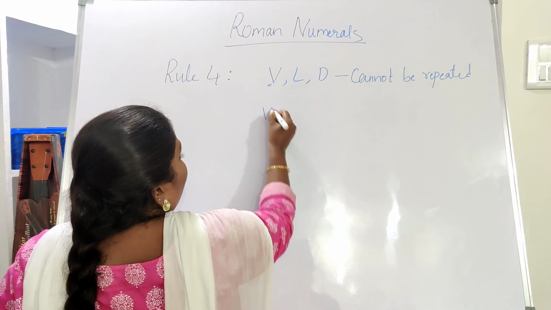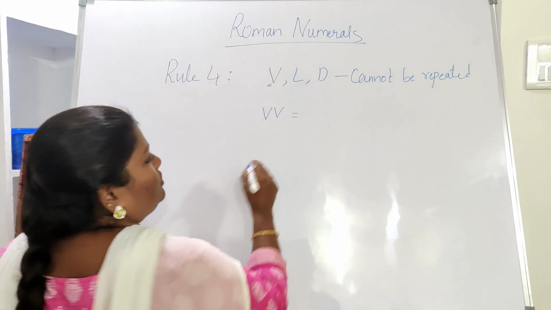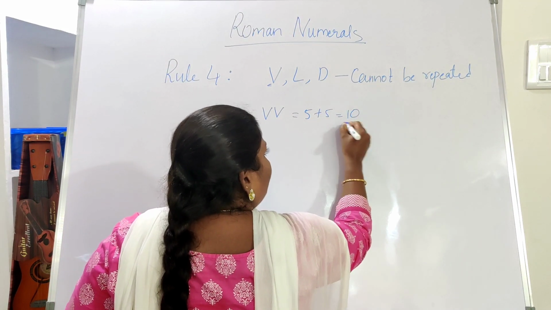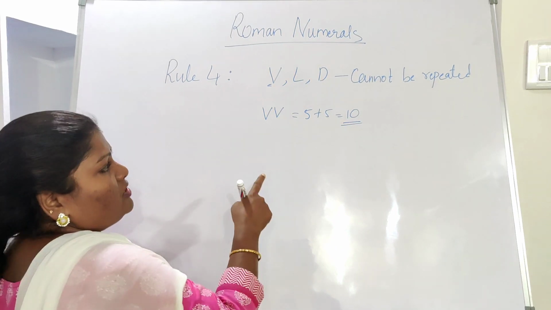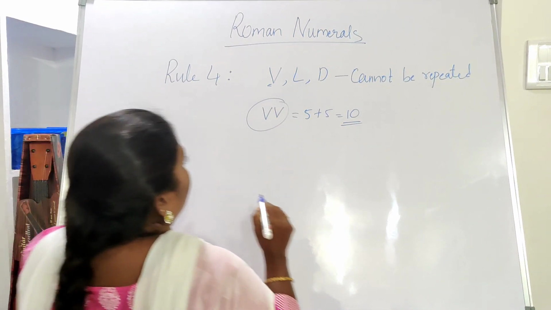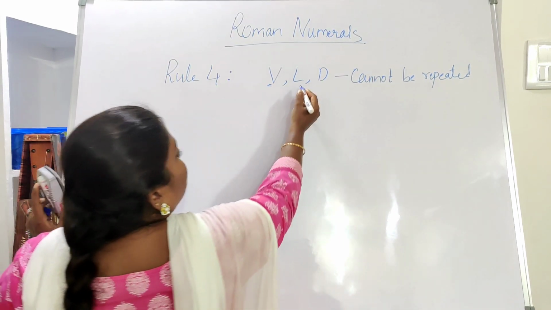For instance, if I take VV, what do I have to do? I have to add the value. So 5 plus 5 is 10. But we already have a symbol for 10. So why is there a need of repeating it? So this cannot be repeated. Remember, V cannot be repeated.